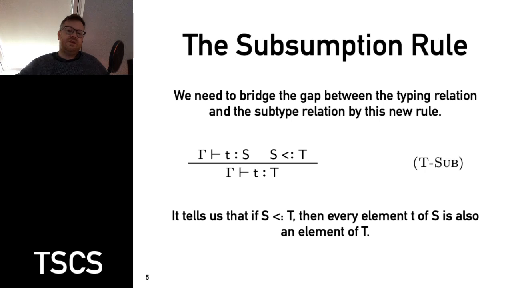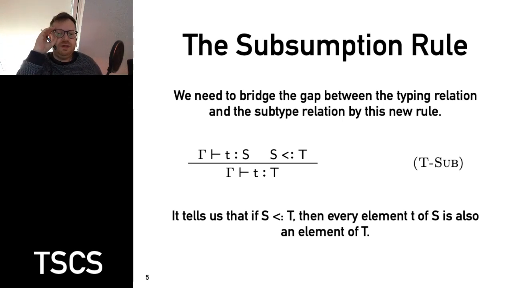But the first thing that we need to do is adapt the relation, this three-place relation that we had before of gamma, t and big T, to this new relation of S and T, this subtyping relation. And this is the so-called subsumption rule.